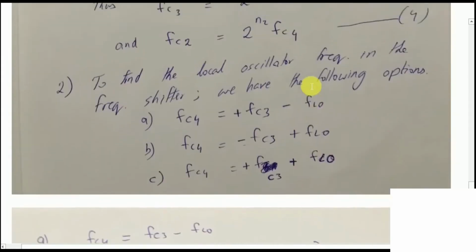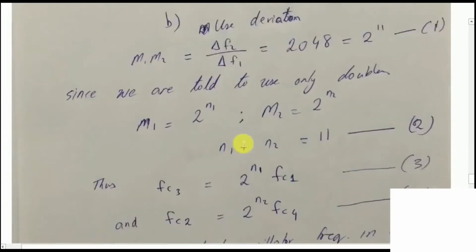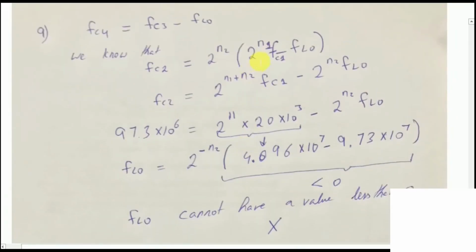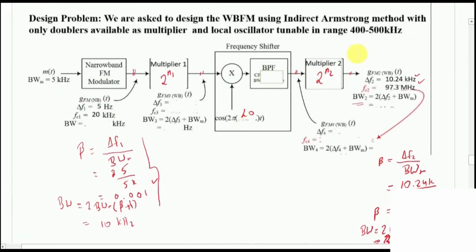And what are the rest of the blocks? We have FC1, and that is multiplied by 2 power n1, right? So we'll have 2 power n1 times FC1, and remember there was a minus sign for the local oscillator, so we would have minus FLO for this. So this whole block is multiplied with the preceding blocks, right?